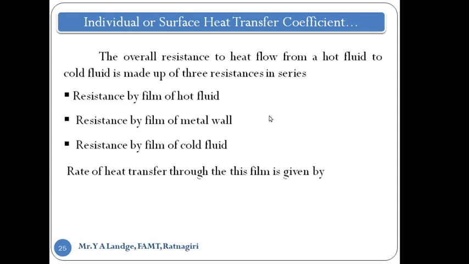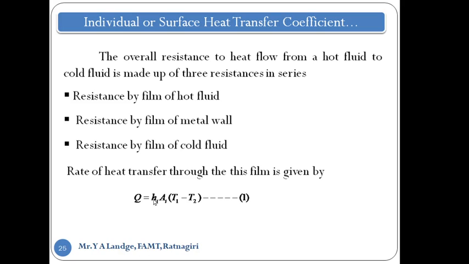Now first we will see the rate of heat transfer through the film. The film nearer to the metal is a thin film, and the heat transfer between the thin film and the metal wall is by convection.